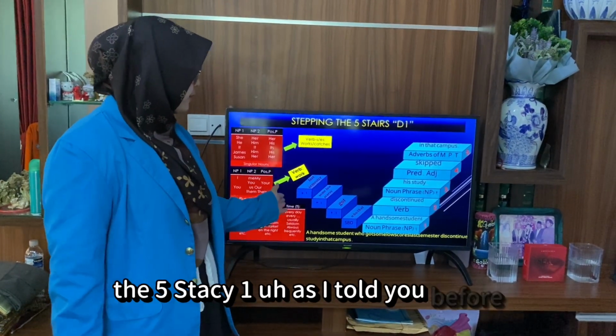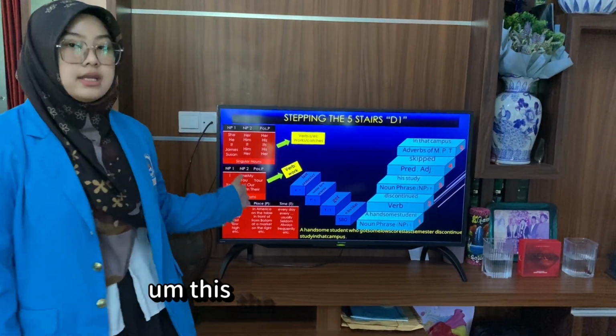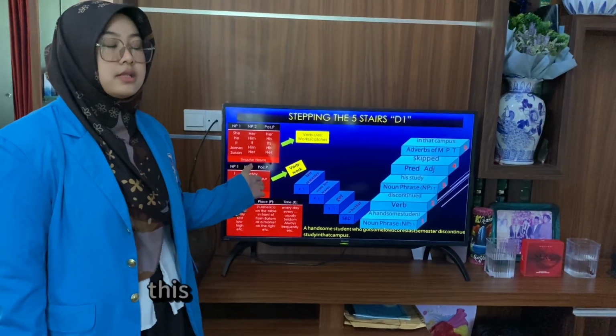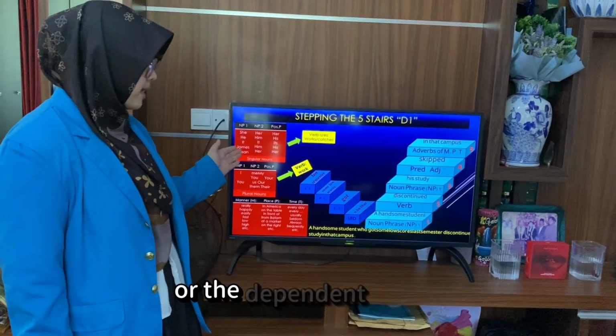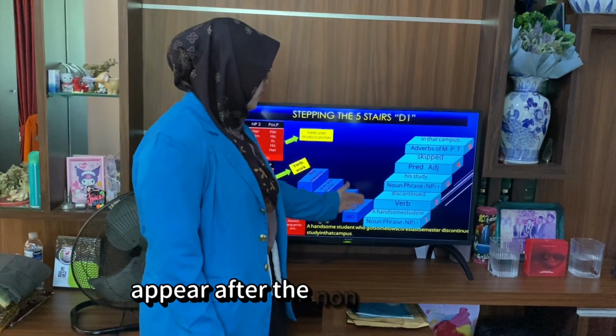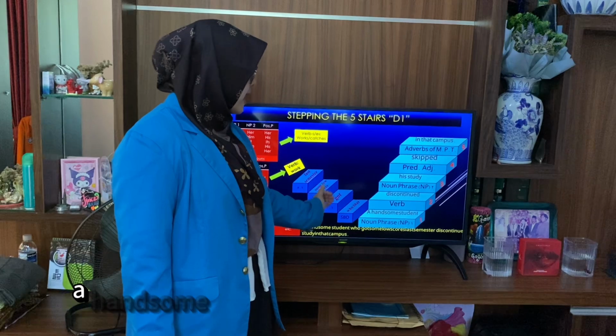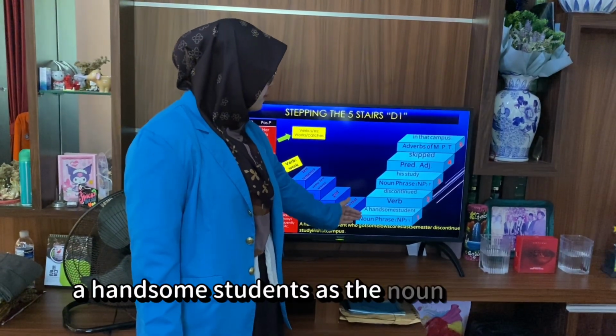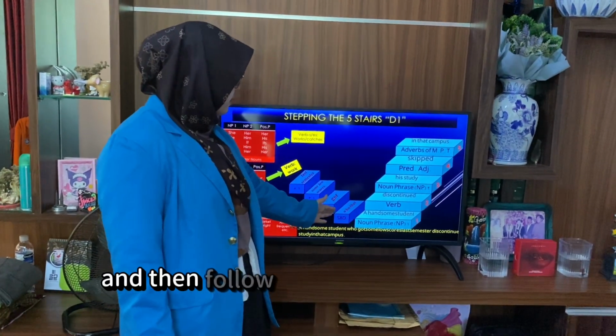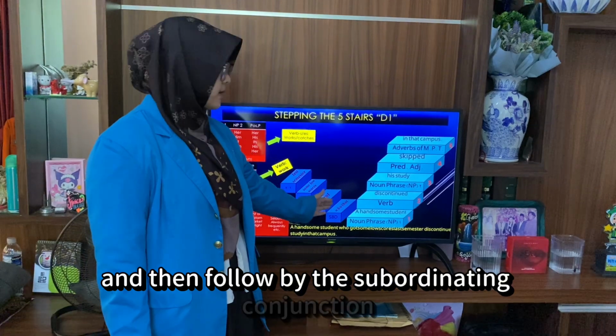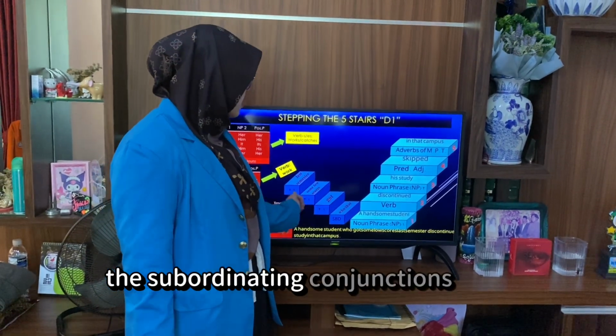As I told you before, the subordinating clause or the dependent clause appears after the noun phrase 1. As you can see, handsome student is the noun phrase 1, and then followed by the subordinating conjunction, who.